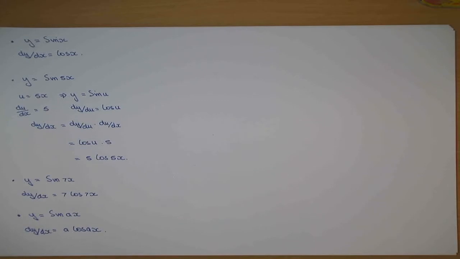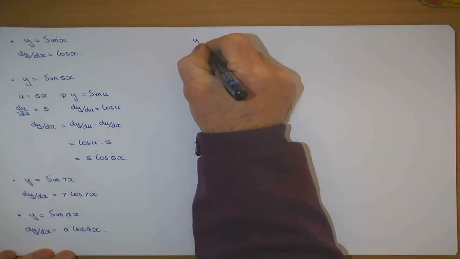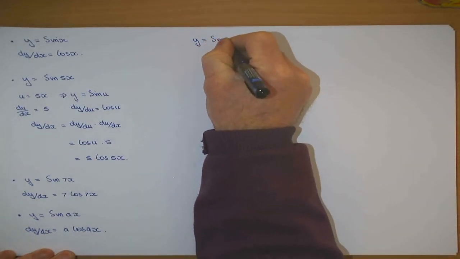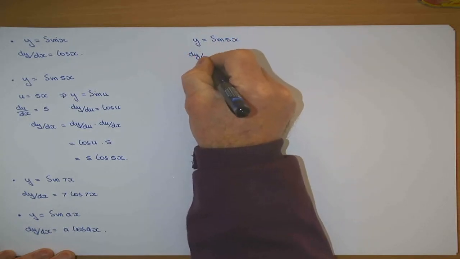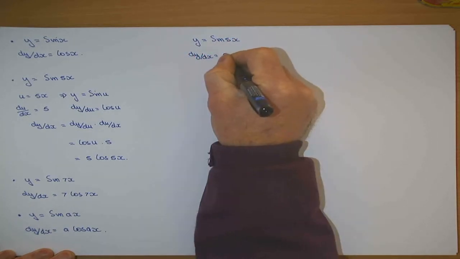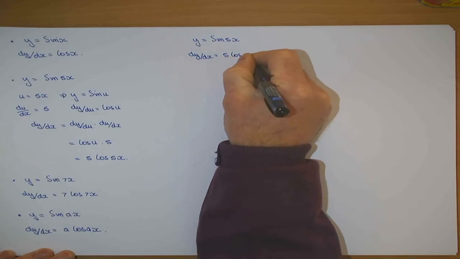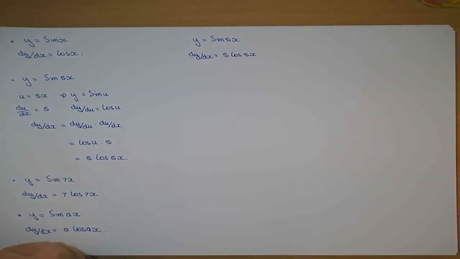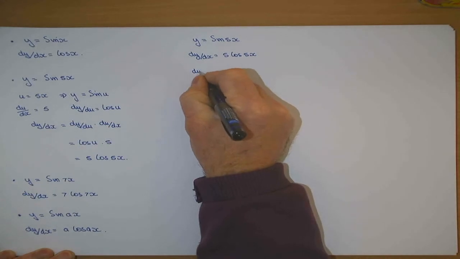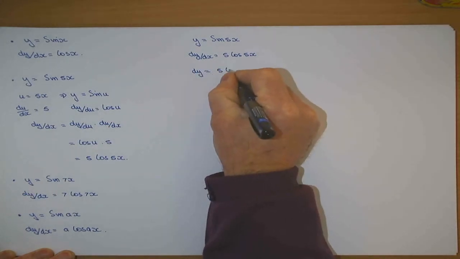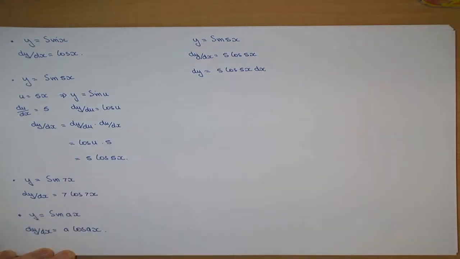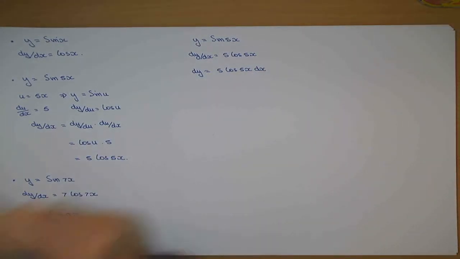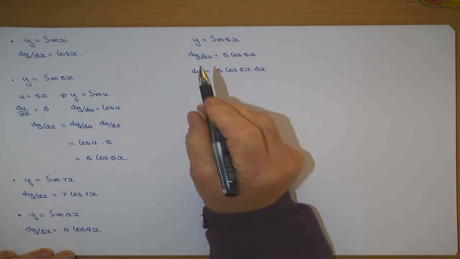Now, if y was equal to sine 5x, I know that dy/dx is equal to 5 cos 5x. So dy is equal to 5 cos 5x dx. Now, how do I go from dy back to y?